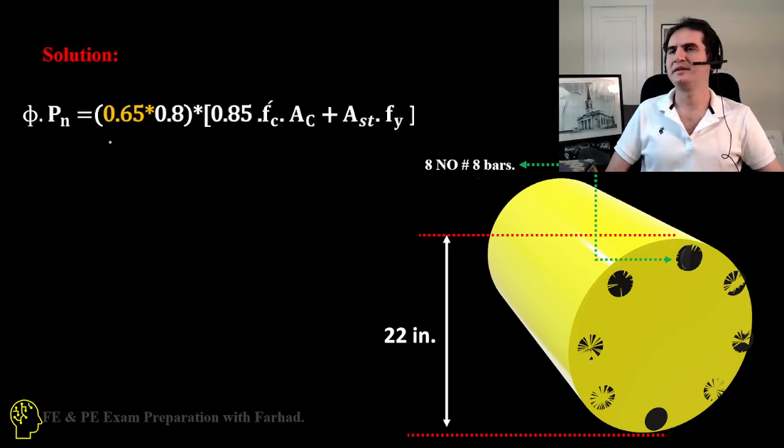Then we replace A steel and A concrete in the formula to get the axial capacity of the column.